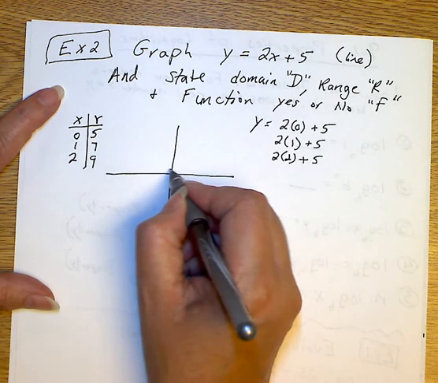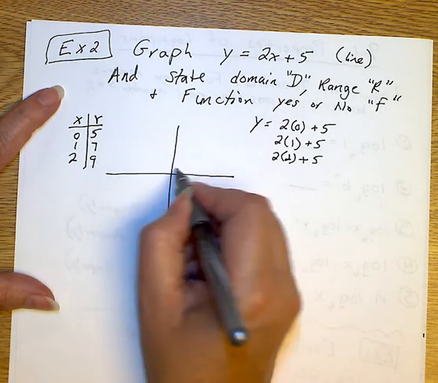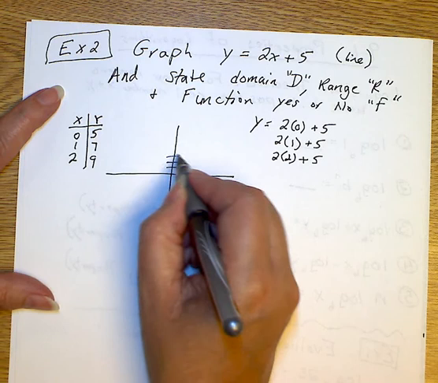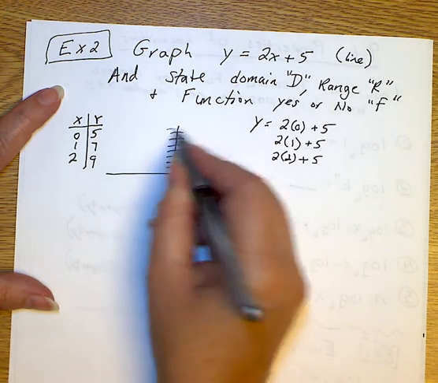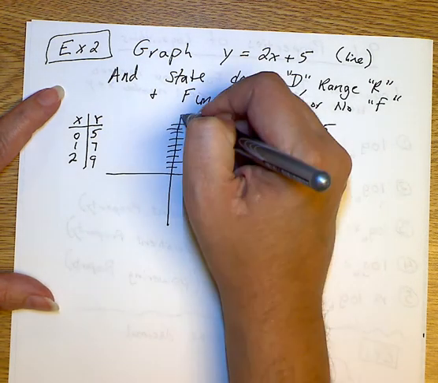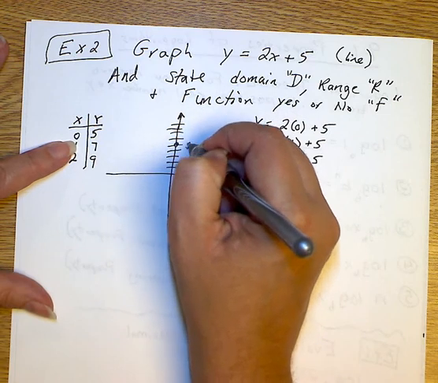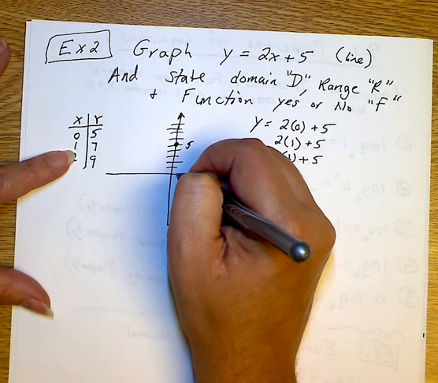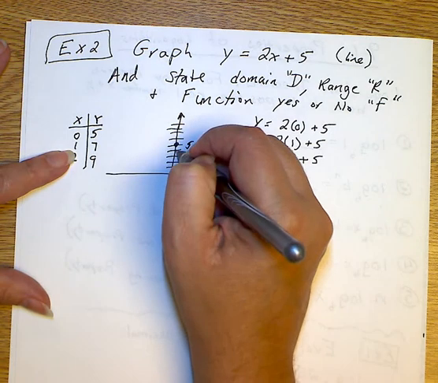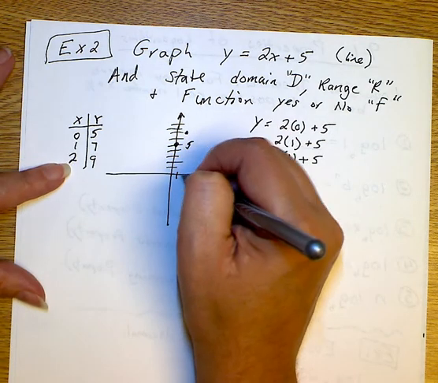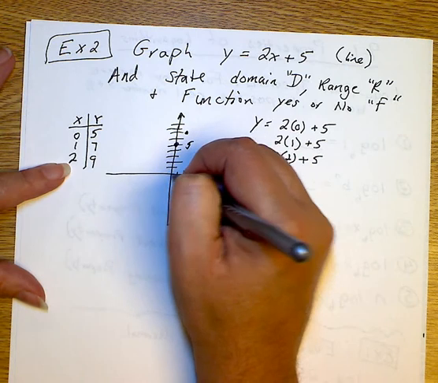And I have to go up to 9, so I'm going to draw those points first. So 0, 5, 1, 7, and 2, 9. So I'm going over 2, up 9.